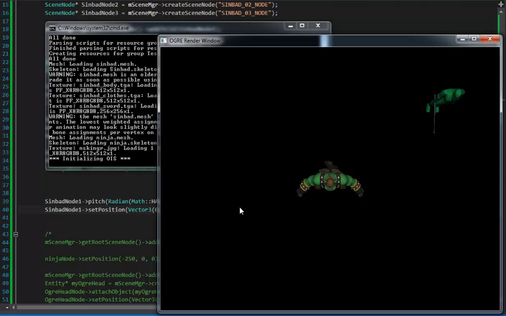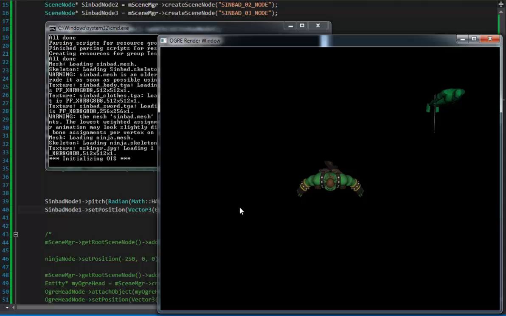So right now, the Sinbad node is in the center, and obviously the Ninja was parented to the Sinbad. When I rotated or pitched the Sinbad, the Ninja also moved with it, and so both of them, I now have a top view of the scene. Although remember, I didn't do anything to the camera.